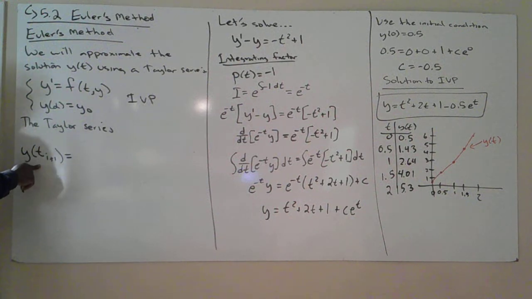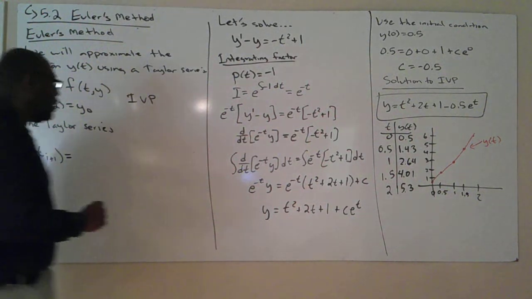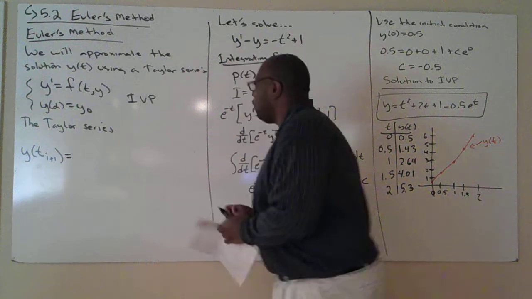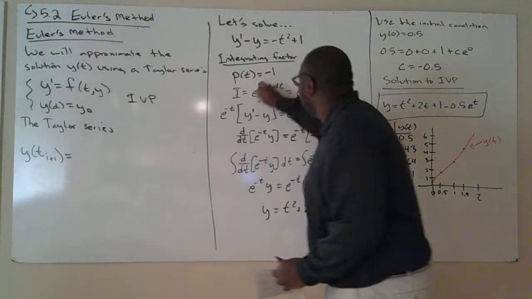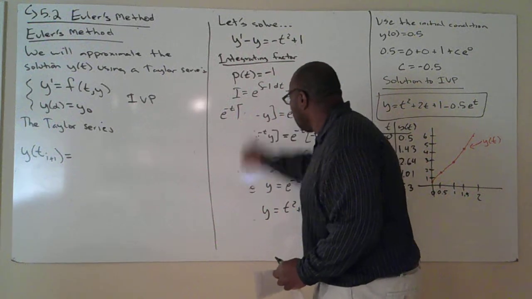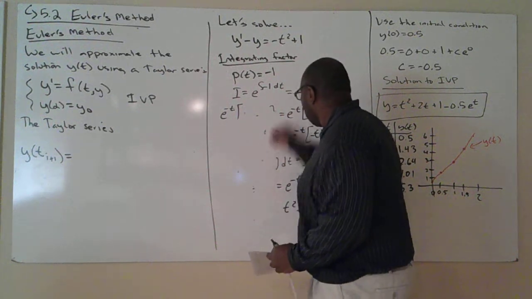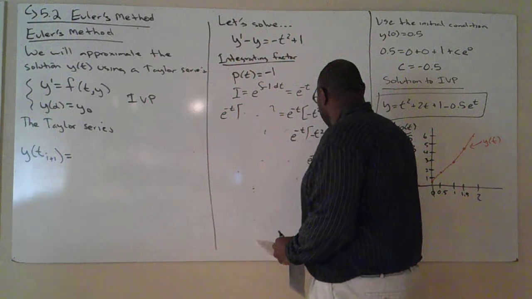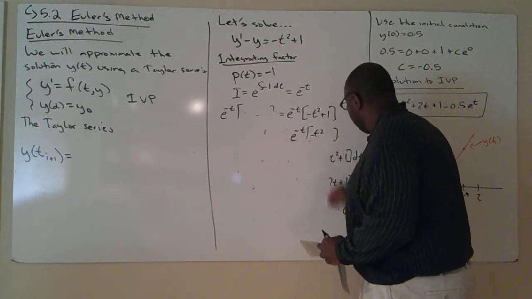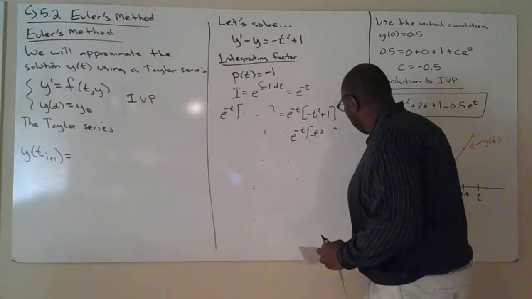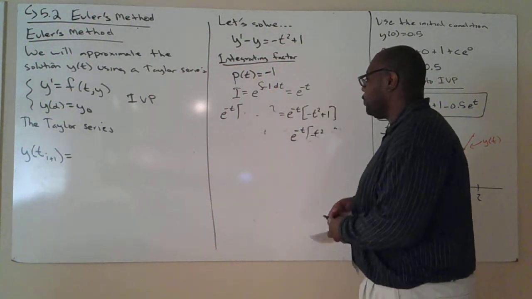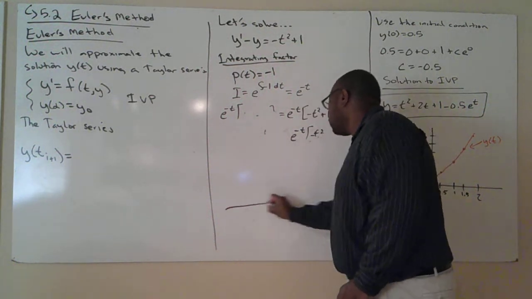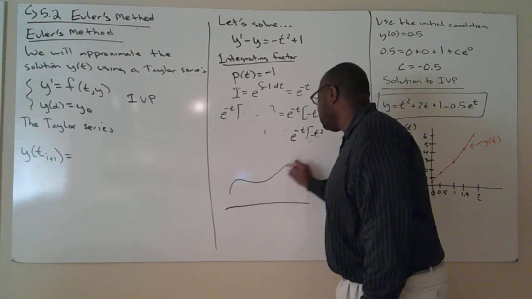well, what is y of t sub i plus 1? If we were to draw out a picture, I'm going to draw one over here. Let's make this a little bit clearer. t sub i plus 1 is a node. Suppose we have some kind of function.